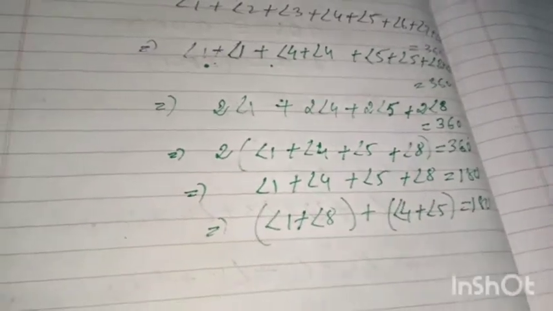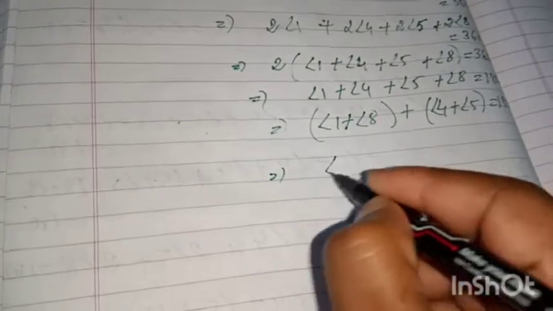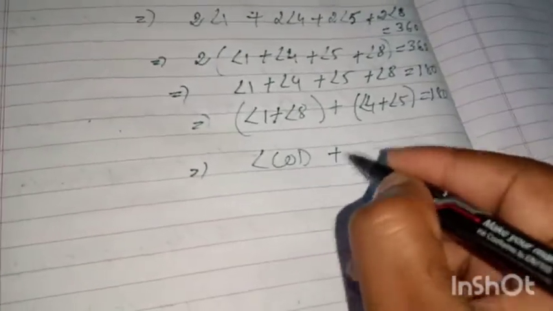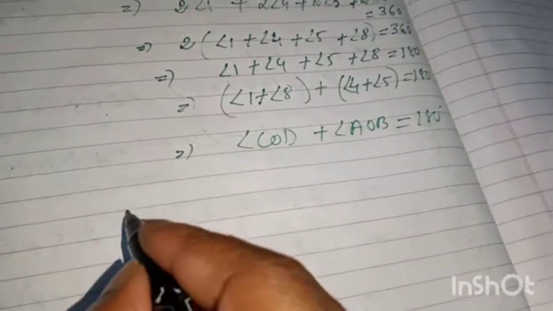Now 1 plus 8 will give you COD, and 4 plus 5 gives AOD. So you can write angle COD plus angle AOD. So you got the proof like that.